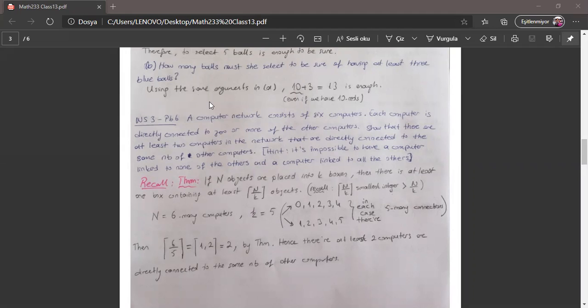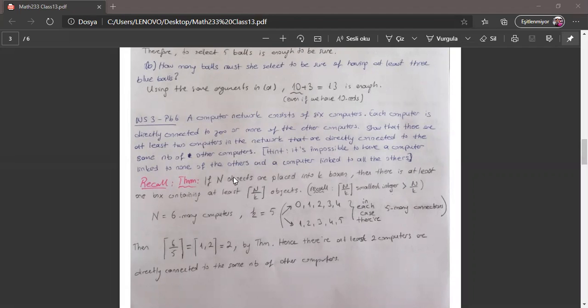Now, a computer network consists of 6 computers. Each computer is directly connected to 0 or more of the other computers. We will prove that there are at least 2 computers which are directly connected to the same number of other computers.